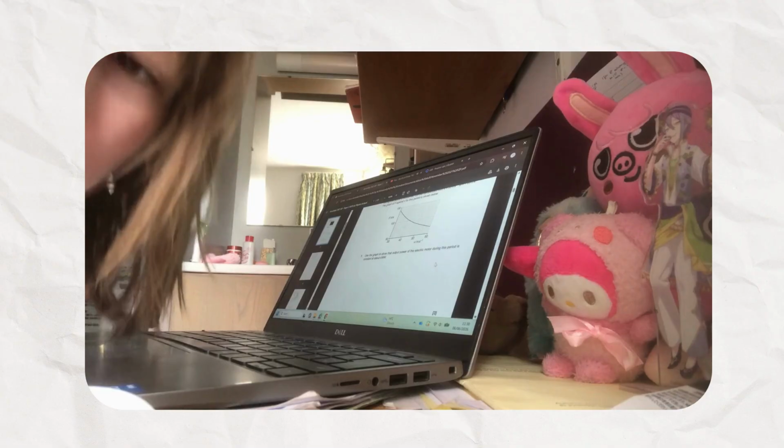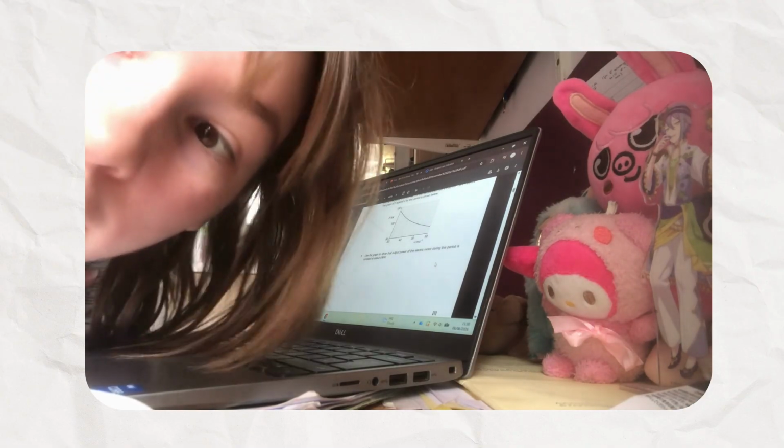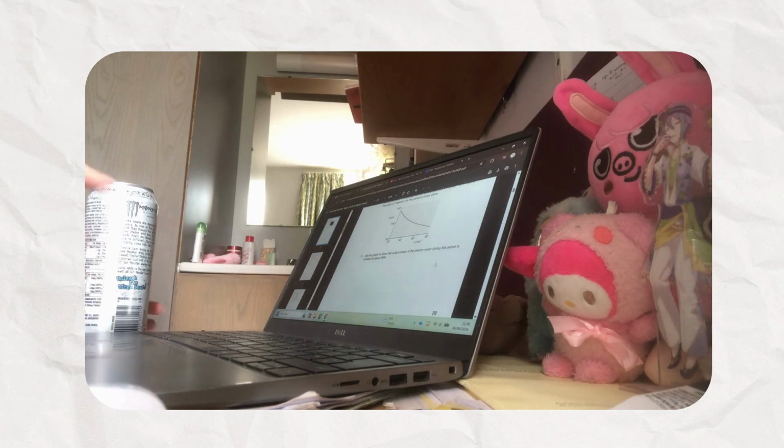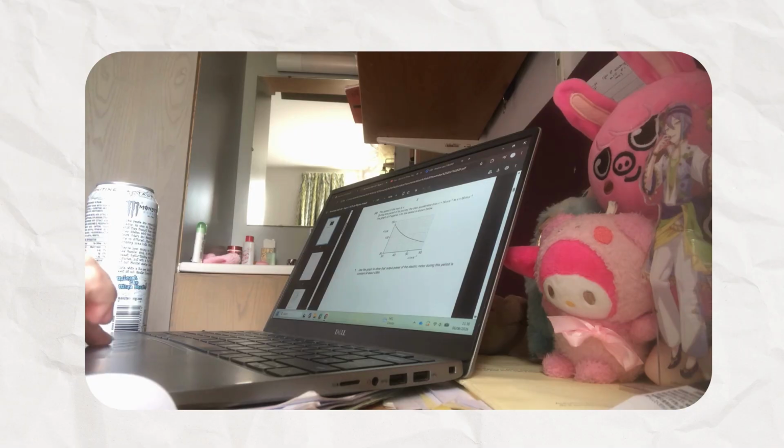Okay, quick point to note about future exam technique that I did not realise and definitely would have got wrong. This graph is saying, use this graph to show the output power of the electric motor during this period, about 4 megawatts.